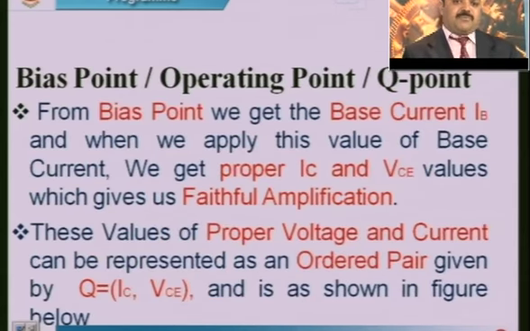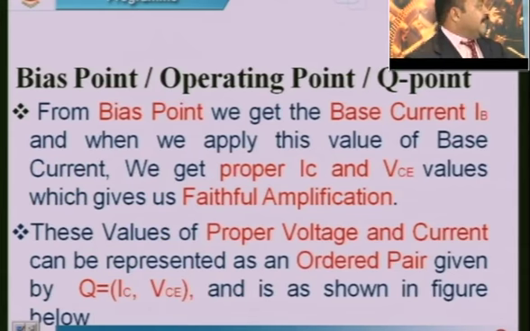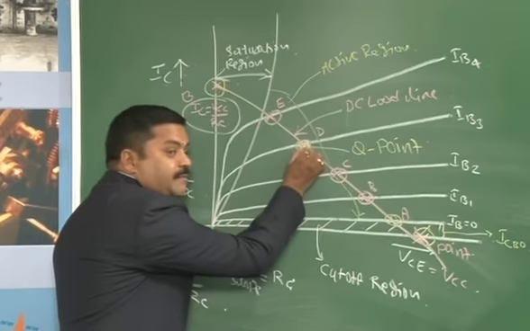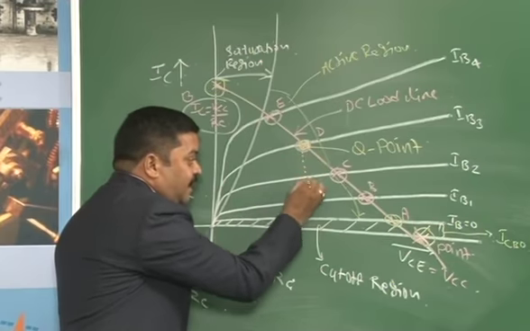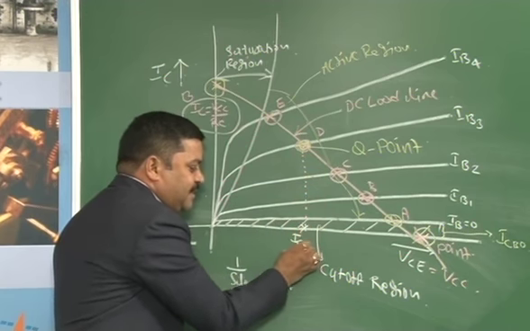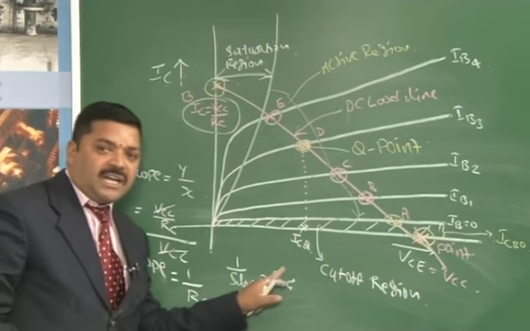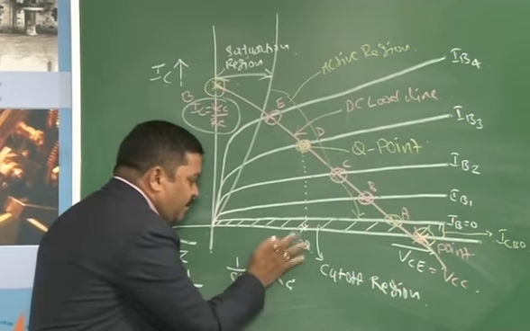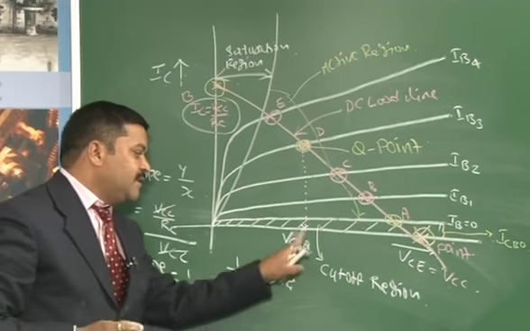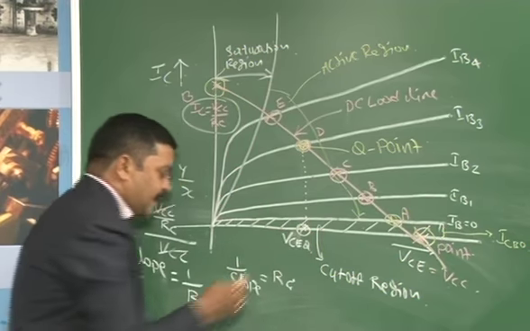So, what do we get from the bias point? When we fix this bias point or the operating point and extend it downwards to touch the VCE axis, we get one point called VCEQ. I will mark this with this circle.